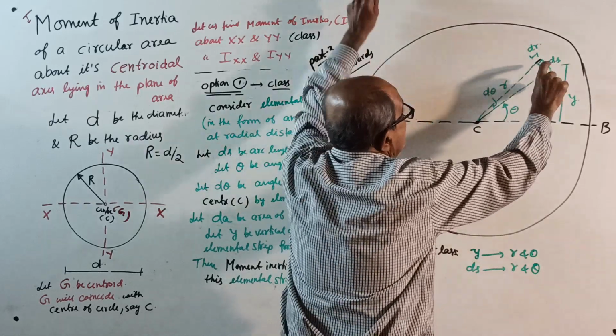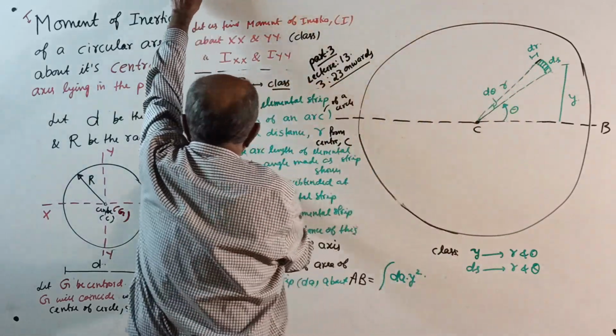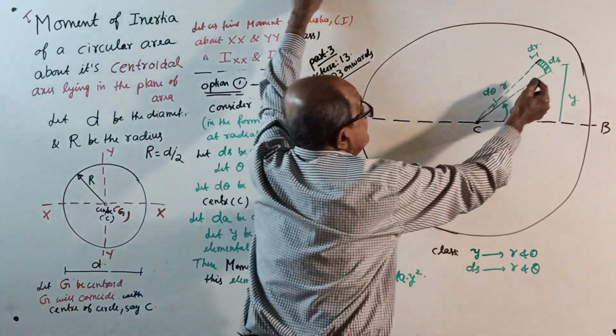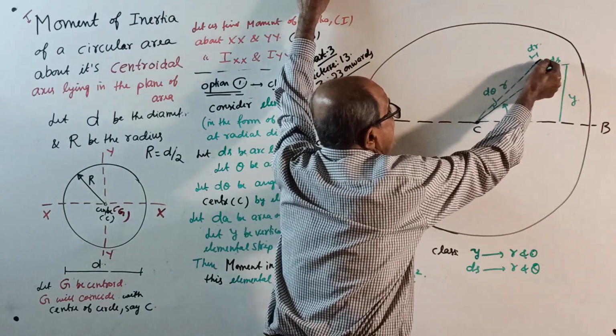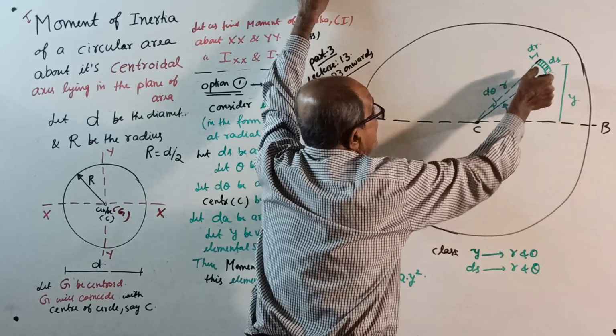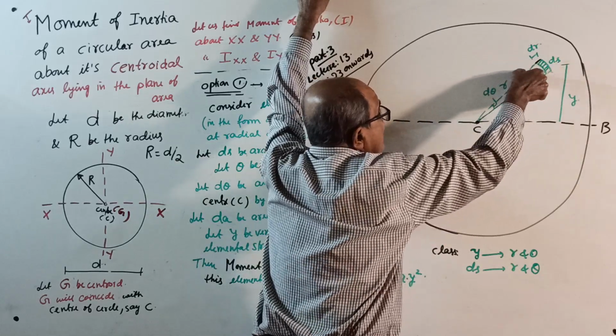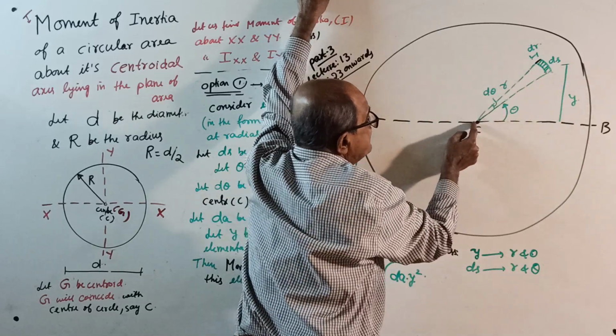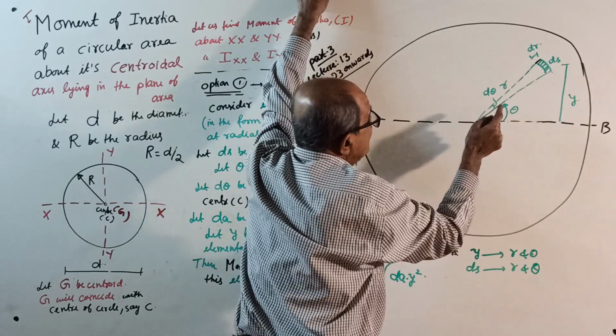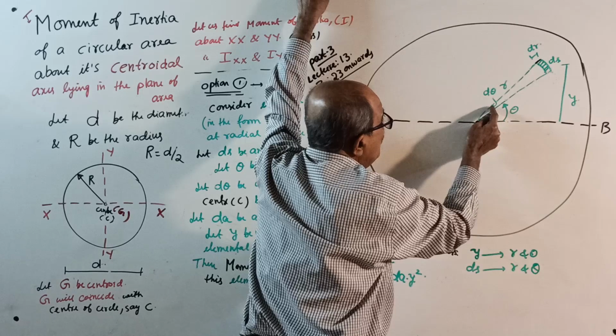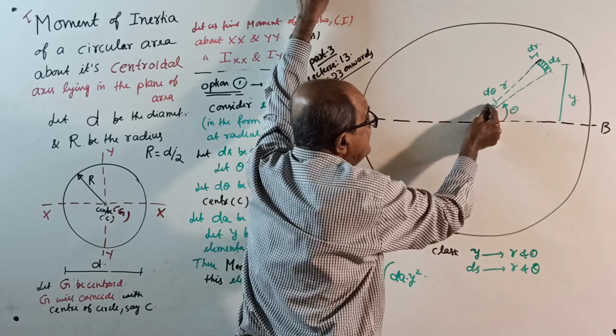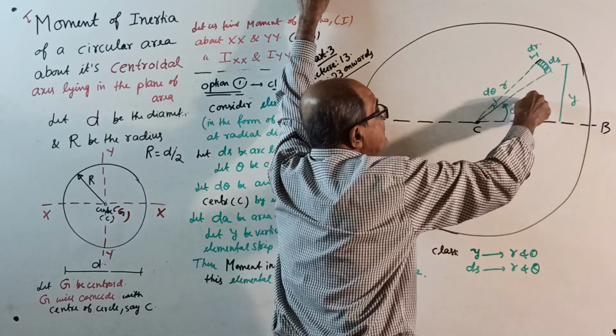Then further, let ds be the arc length. See, this arc length is ds. And for the small strip at r, the angle subtended at center is d theta, a small angle. This is d theta, meaning from here you take theta.